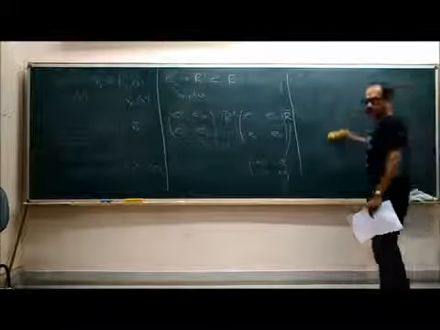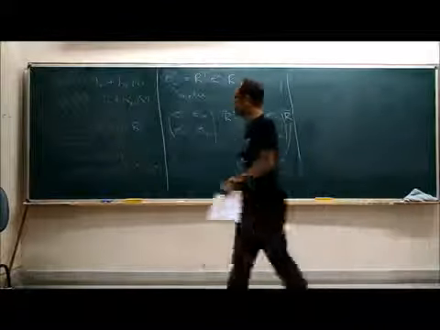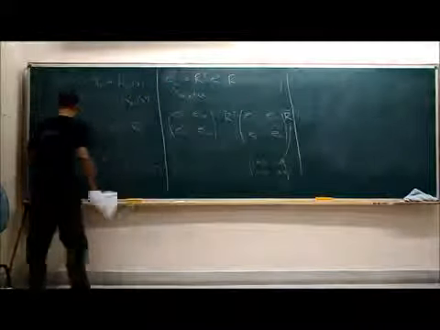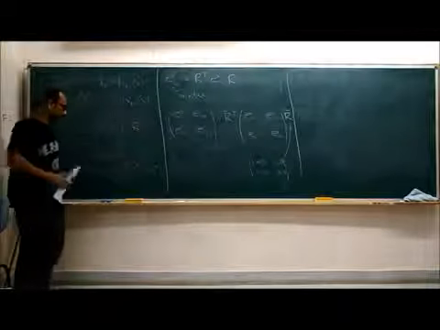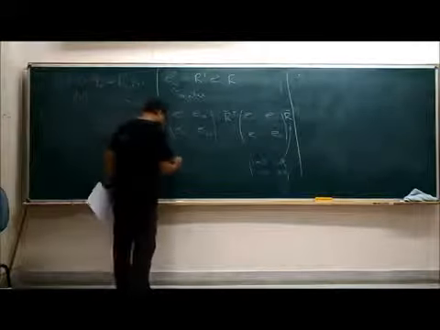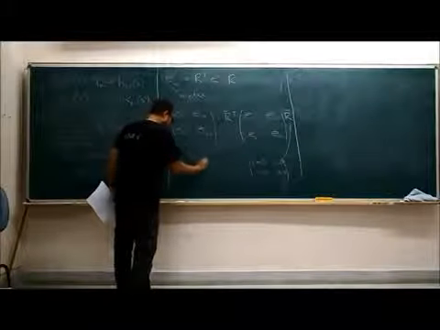Sir, I couldn't understand this step. What is that taking actually? h prime of x prime is equal to h of x. Where is that coming from? Yeah, because the point is, what is h? h mu nu was E mu nu times e to the i k dot x, right?